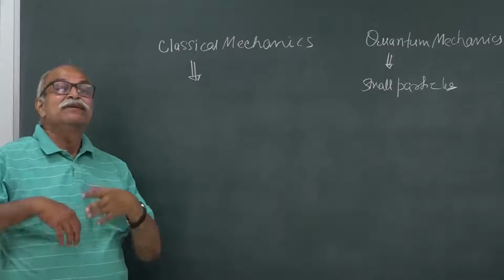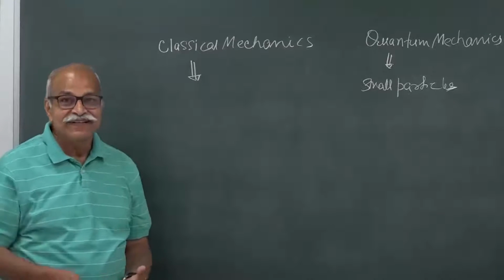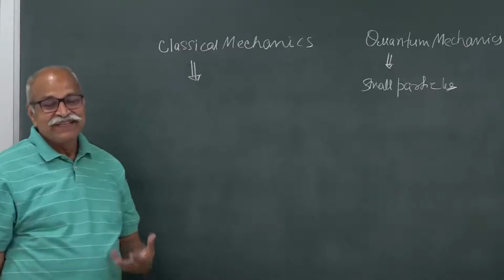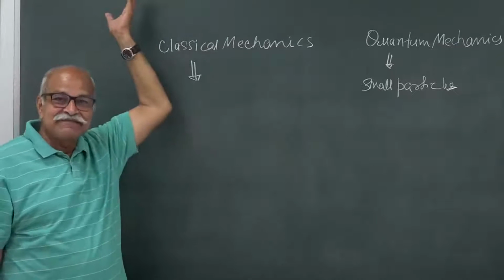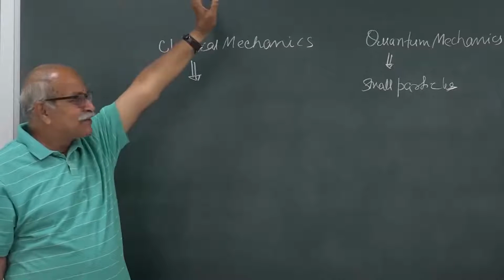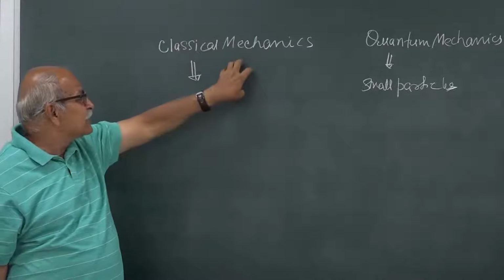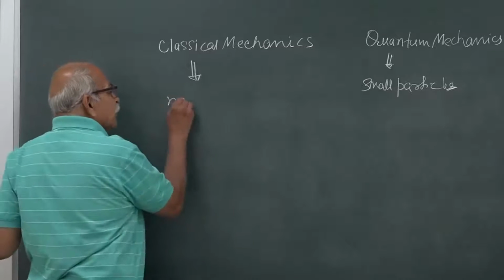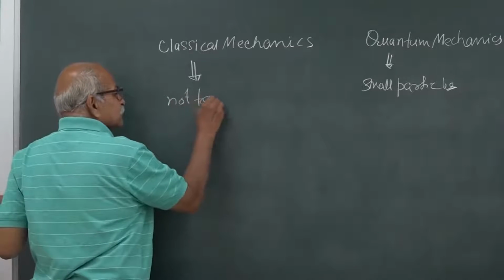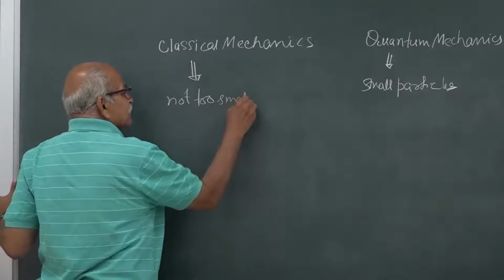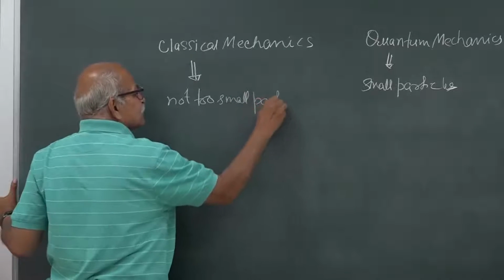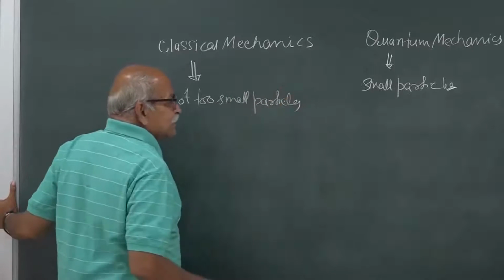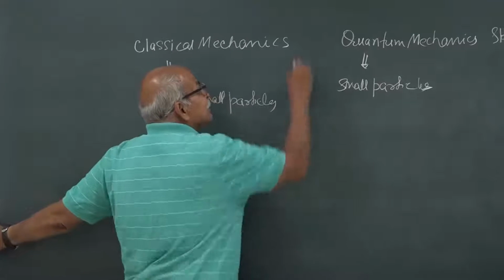But if you have a micrometer-type dust particle, starting from a dust particle, let us say, and then planets, all that range is governed by this. So, not too small particles.